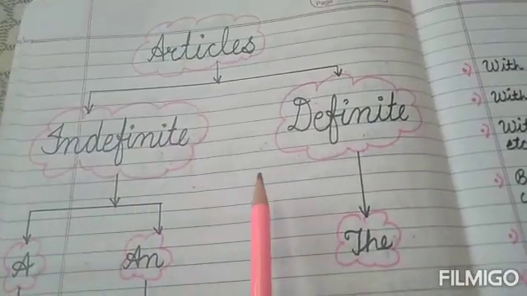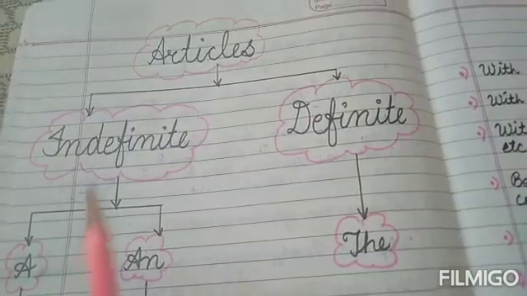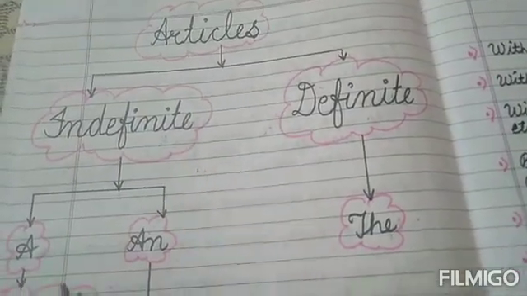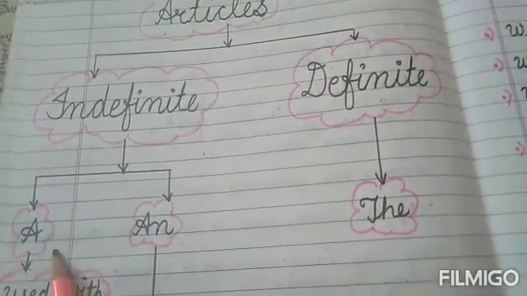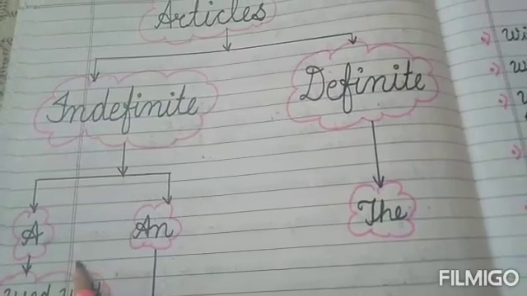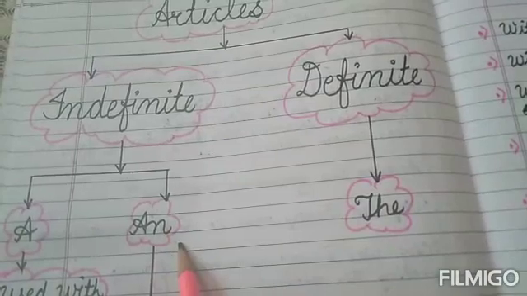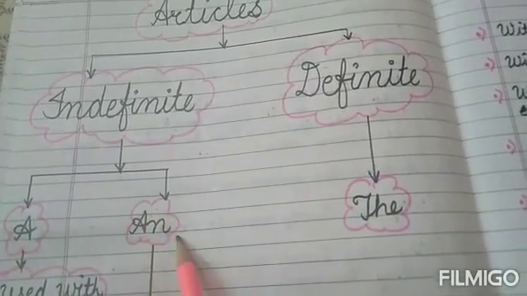What kind of sound can we have? We can have a vowel sound or a consonant sound. Whenever the noun has a consonant sound, we'll use a, and if we have a vowel sound at the beginning of the noun, then we use an.